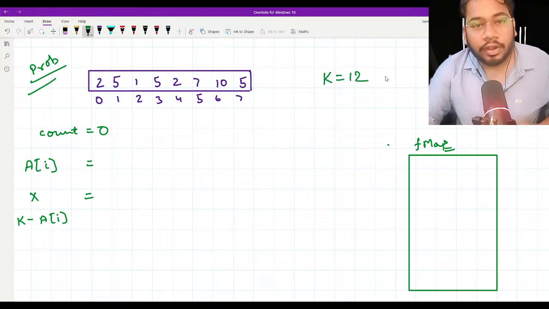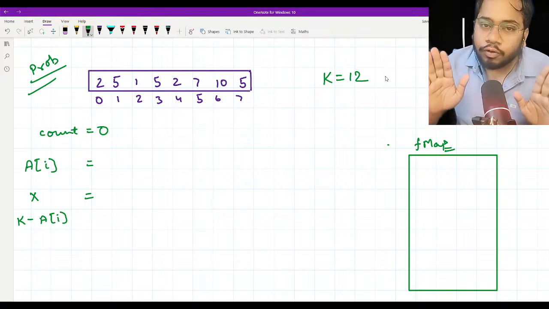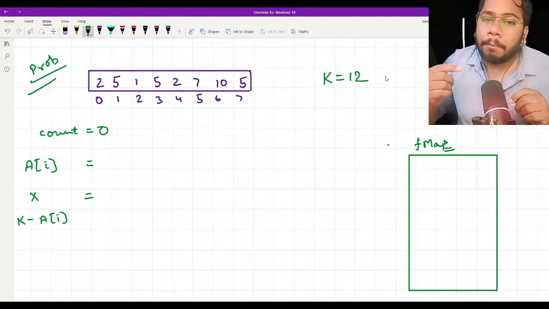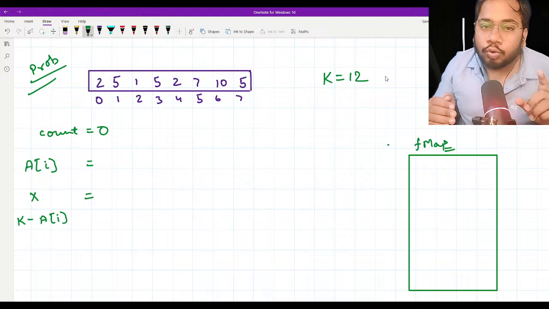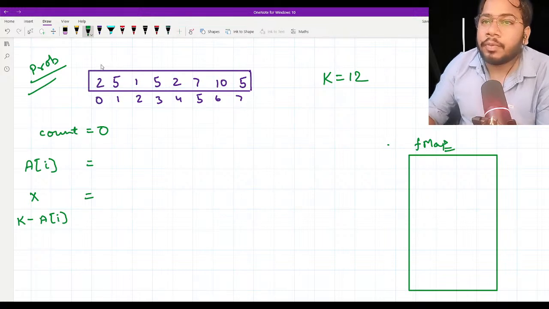So what we are doing here, the value of k is 12. We are trying to find pairs in this array such that those pairs are summing up to 12. So as we can see here, we have how many pairs?